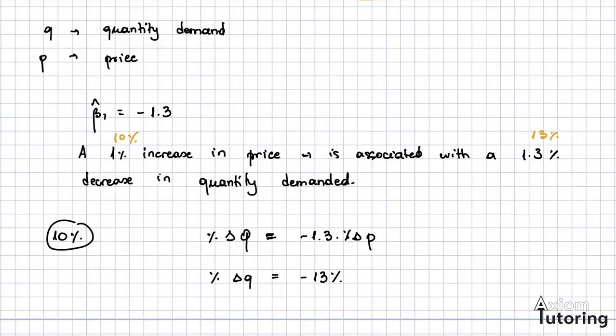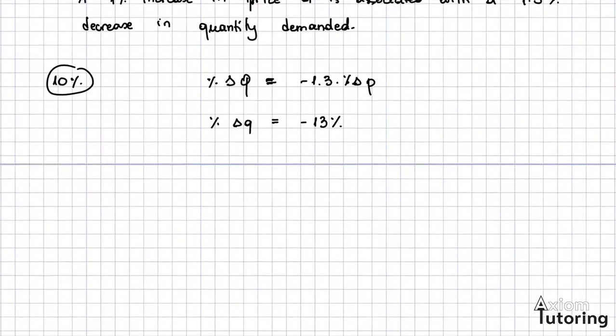Let's look into a positive case. Let's say we have a model where ln sales equals 1.1 plus 0.6 ln of ads, where sales is how much sales you get out of a certain product and then the advertising that you do for it.